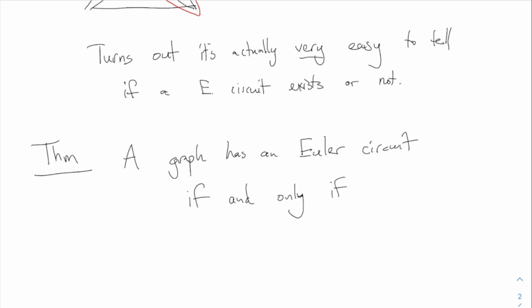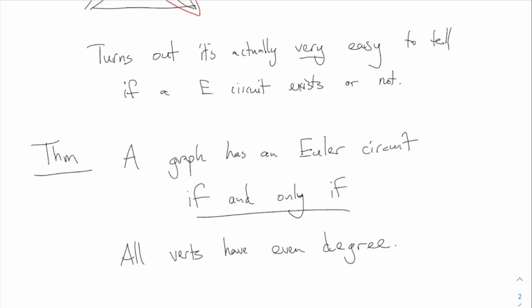A graph has an Euler circuit if and only if all vertices have even degree. This turns out to be about the degree. A graph has an Euler circuit if and only if all vertices have even degree. This phrase, if and only if, means those two things are logically the same.